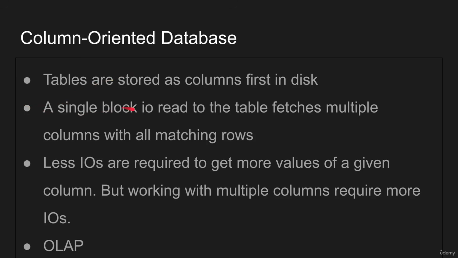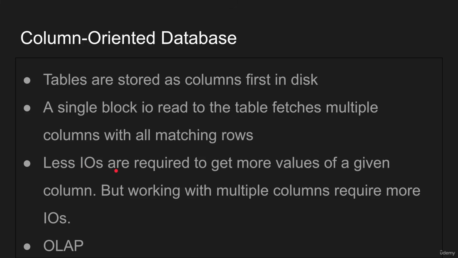So a single block I/O read to the table fetches multiple values of a column with all matching rows, right? It could fetch one column or multiple, it depends. If you have a small table, you can fetch multiple ones. That's the trick here: a single column with a lot of rows.